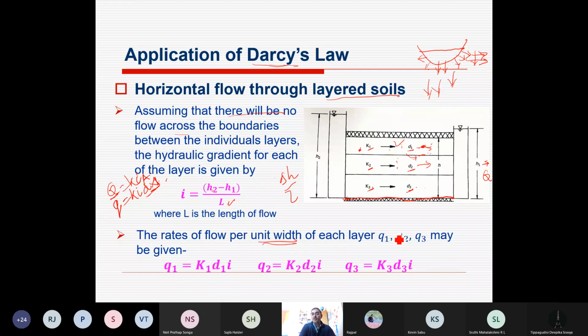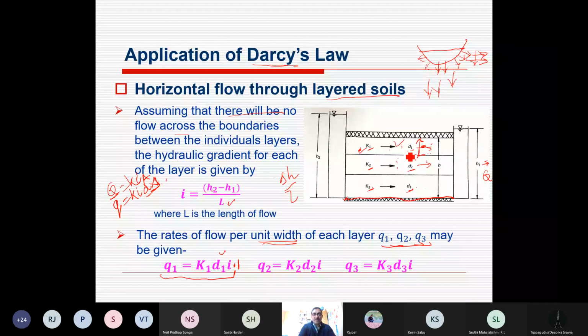In that sense, the discharge from each layer per unit width may be Q1, Q2, Q3 for these 3 layers. Q1 is equal to K1, the hydraulic conductivity, D1, its depth in terms of soil downward depth, and I. The 1 is everywhere, that is per unit width of these soil layers.